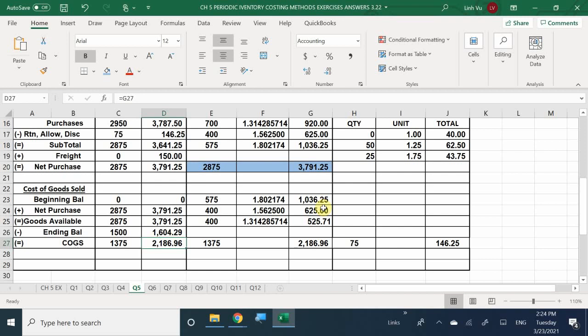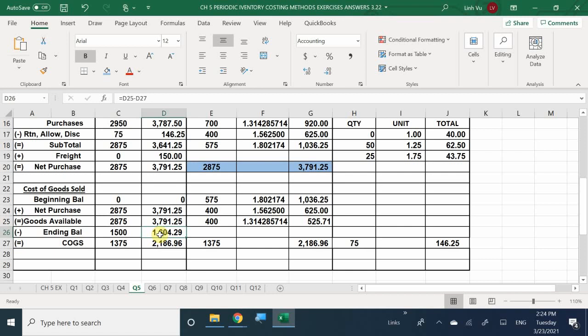You're in column D. Isn't column B your 1604 and 2186 backwards? Say that again. Isn't, on your ending balance next to the 1500, shouldn't those two figures be changed around? Why would it be changed around? I don't know.